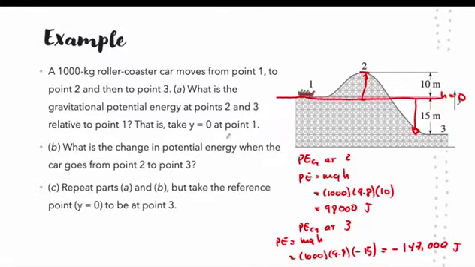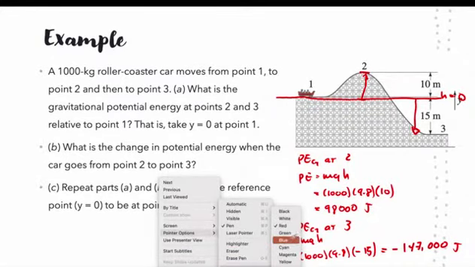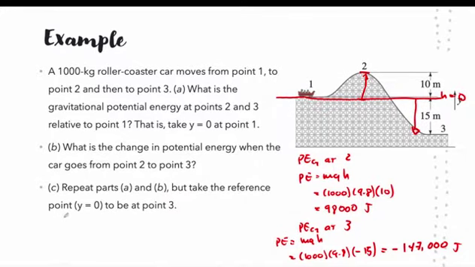Cool. So if I want to answer question B, what is the change in potential energy when the car goes from position 2 to position 3? Let's just do this in a different color. This is question A, this is question B. To answer question B, and find the change in potential energy, I've got to do final potential energy minus initial potential energy.